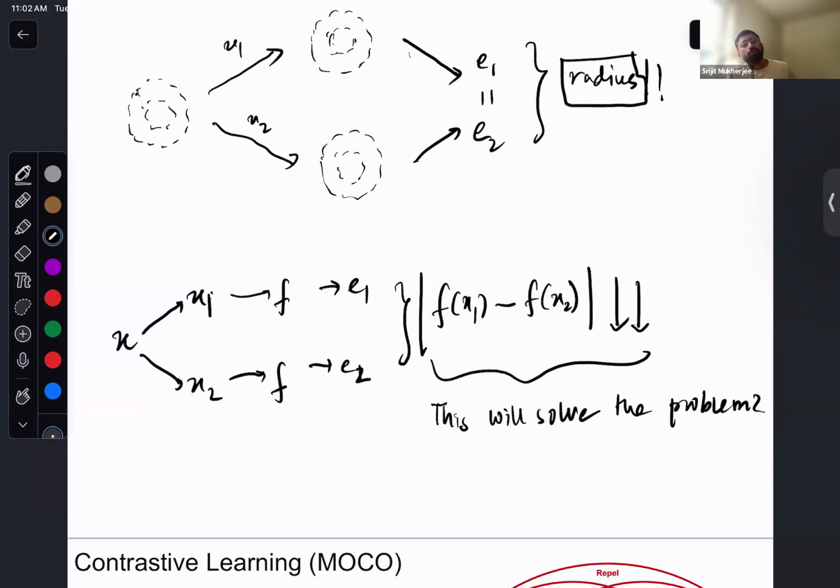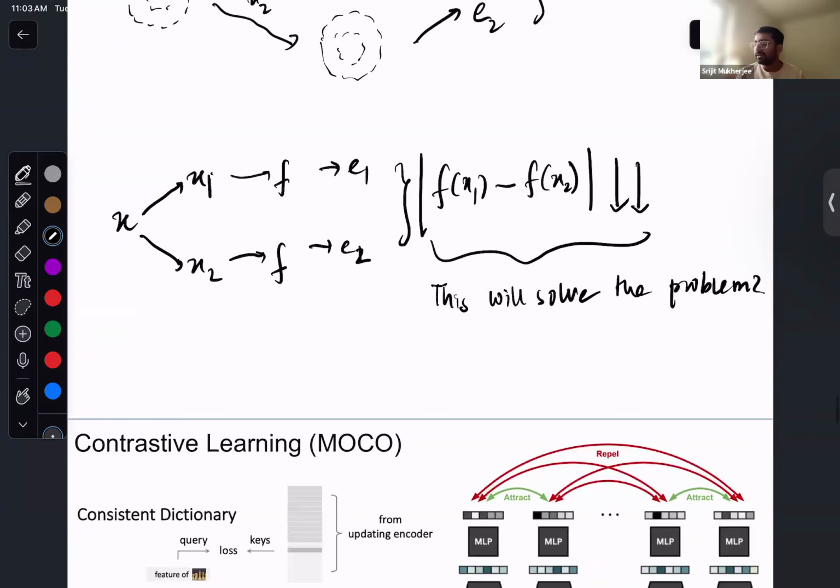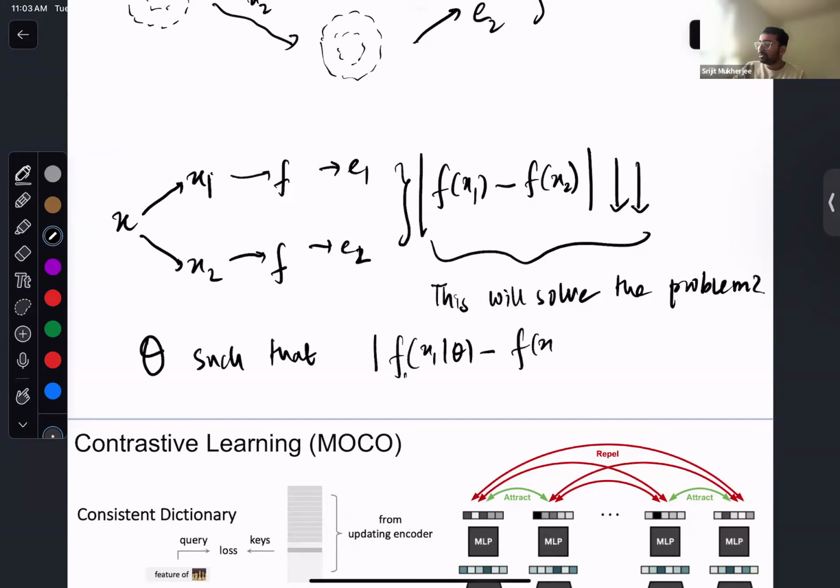Unfortunately, this will not solve the problem. Yeah, exactly. Good, Devendra. This problem will not be solved because understand what we are trying to minimize. We are trying to find the theta such that the distance between these two gets minimized.